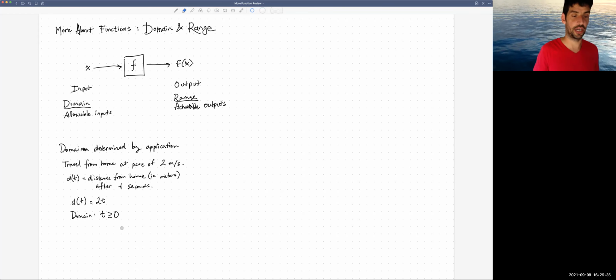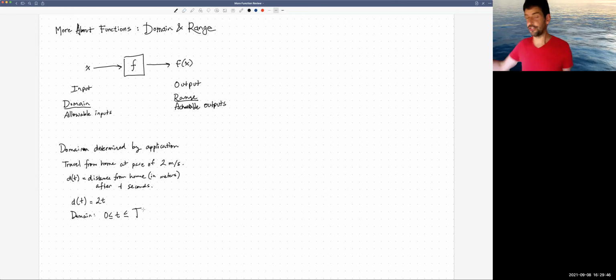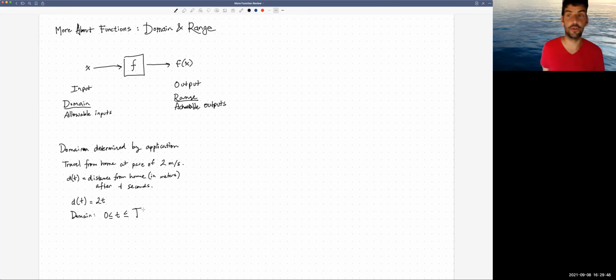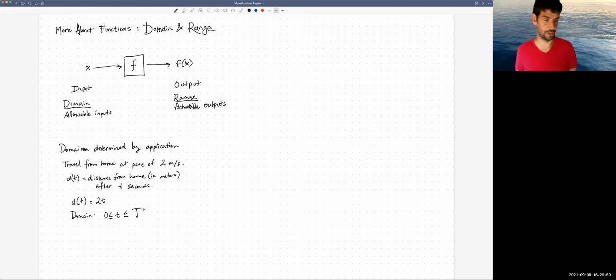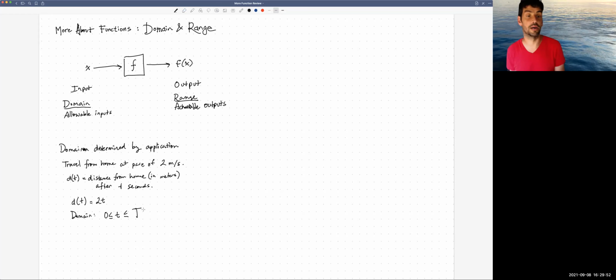Actually, let's be more careful. We know I'm not walking forever, so we'll say that t is going to be between 0 and capital T, some number for when I stop, maybe it's 30 seconds, whatever. It should be given in the problem if it's important to the problem.